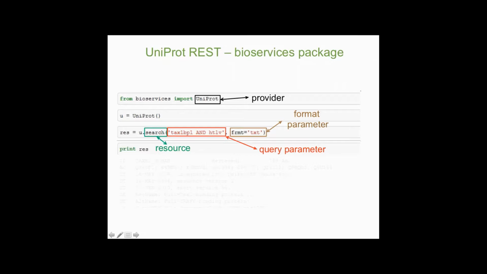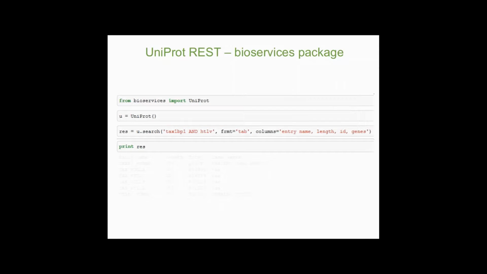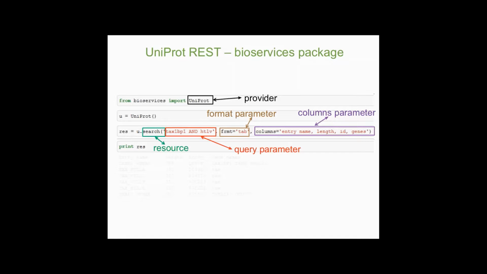And once we've retrieved the results and print them, this is what we'd get, just what we'd expect, the plain text version of the query results. In another example, this demonstrates the flexibility of this approach, where we basically still have the same provider, we still search UniProt knowledge base, we provide the same query parameters, but choose a different format now.